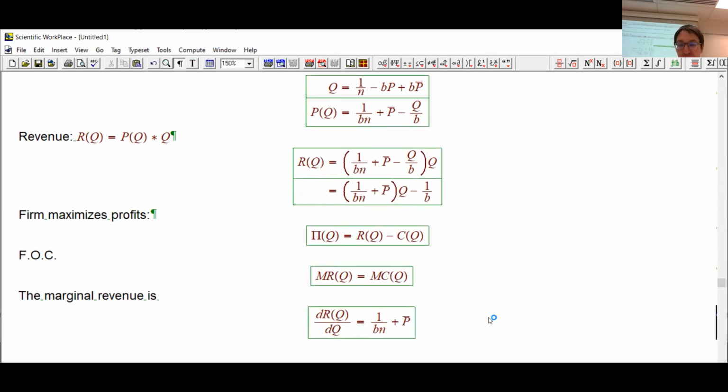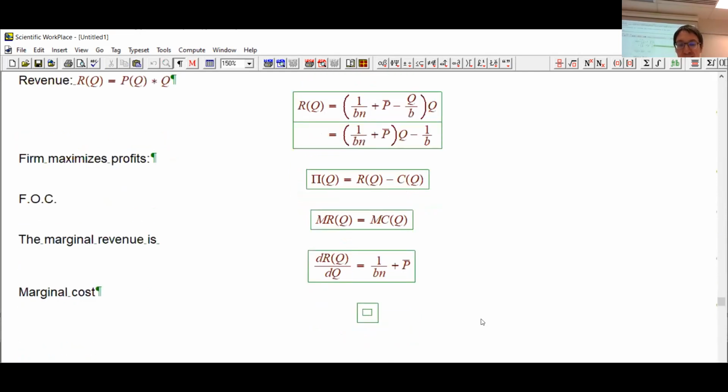And the marginal cost, if you remember, is just a small c, because the cost function was C equals F plus cQ. So what do I get?